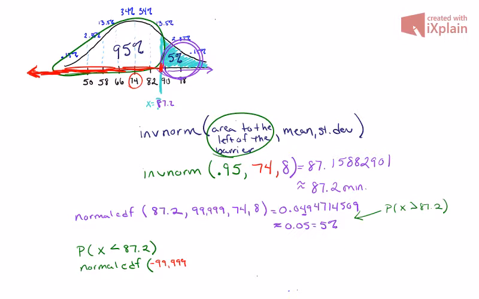I'm going to get ridiculous. I just want to make sure I've covered everything. It's an insurance policy, essentially. Then my upper bound is starting at that 87.2. The mean is 74 and the standard deviation is 8.